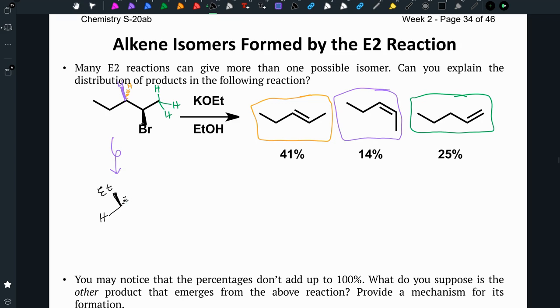I could have my orange or my purple hydrogen be dashed. My orange hydrogen is now in the plane of the page. And I could keep the right side the same.